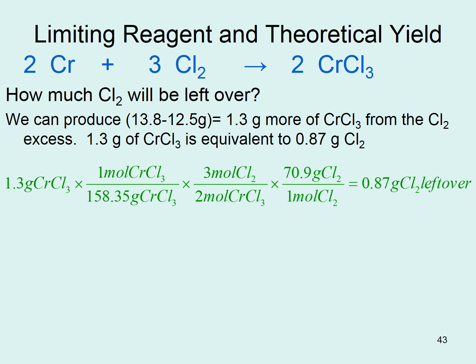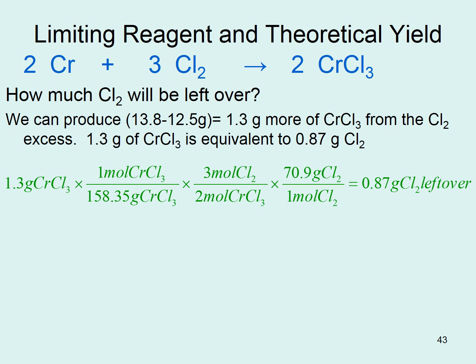We can make 12.5 grams using up the chromium. So that means that we can make 1.3 more grams of product using the Cl2 excess. Then we just take that 1.3 and we convert it back to how much Cl2. So that's equivalent to saying, okay, I have 10 bikes worth of wheels.